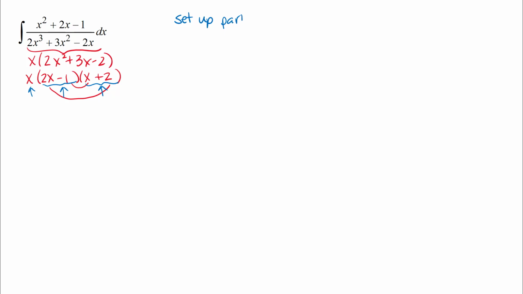So when I set up the partial fractions here, I'm going to think about this with having distinct linear factors in the denominator. So my three denominators that I'm going to have here are x, 2x minus 1, and x plus 2. Those are all degree 1 polynomials. The numerators will be degree 0 or constant polynomials.